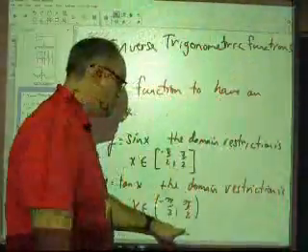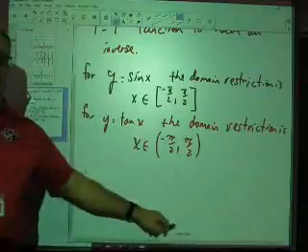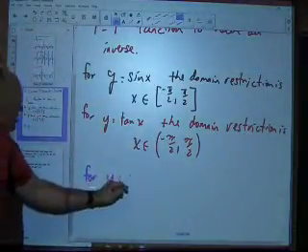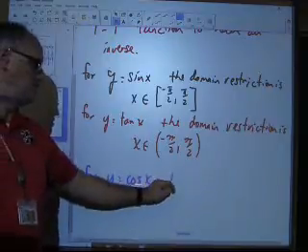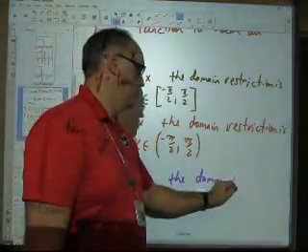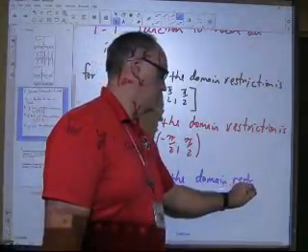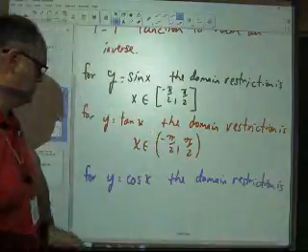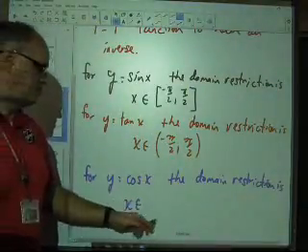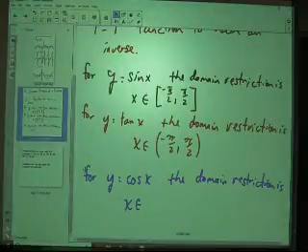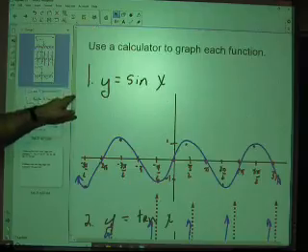So if I leave you on your own to guess for the cosine function, take a look at your bell work. If you look it over, do you have an idea what might make some sense as a domain restriction for the cosine function?